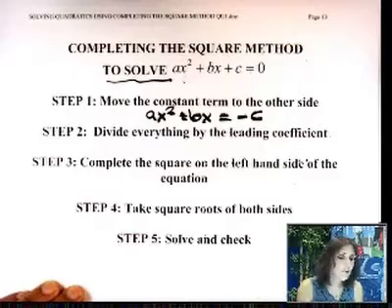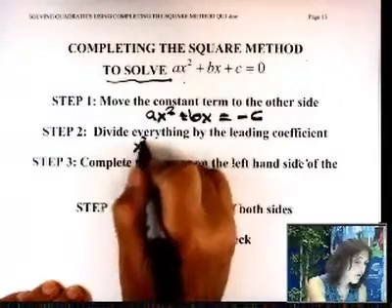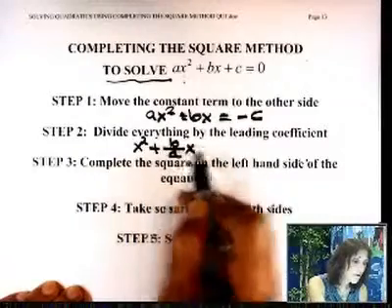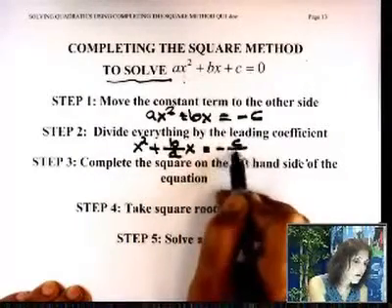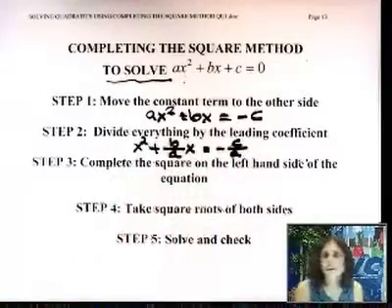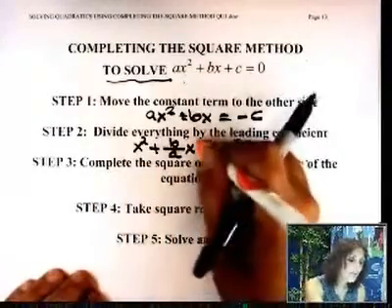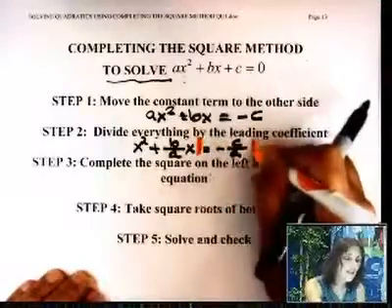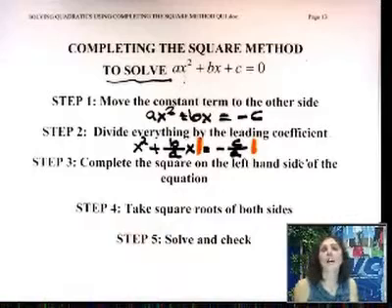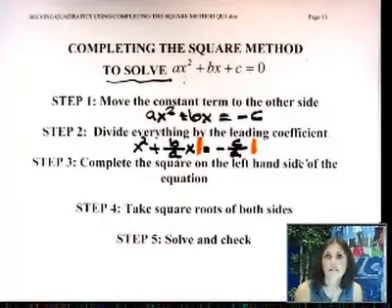Divide everything by the leading coefficient. And then on this, you're going to complete the square. In other words, you're going to add this missing piece here and the same piece on the other side. Then proceed as taking square root of both sides.